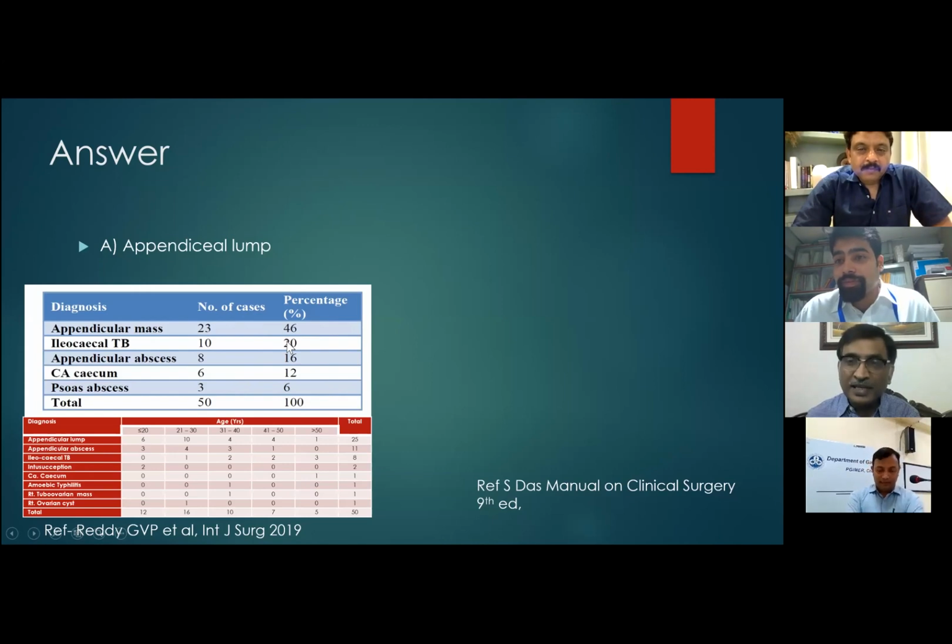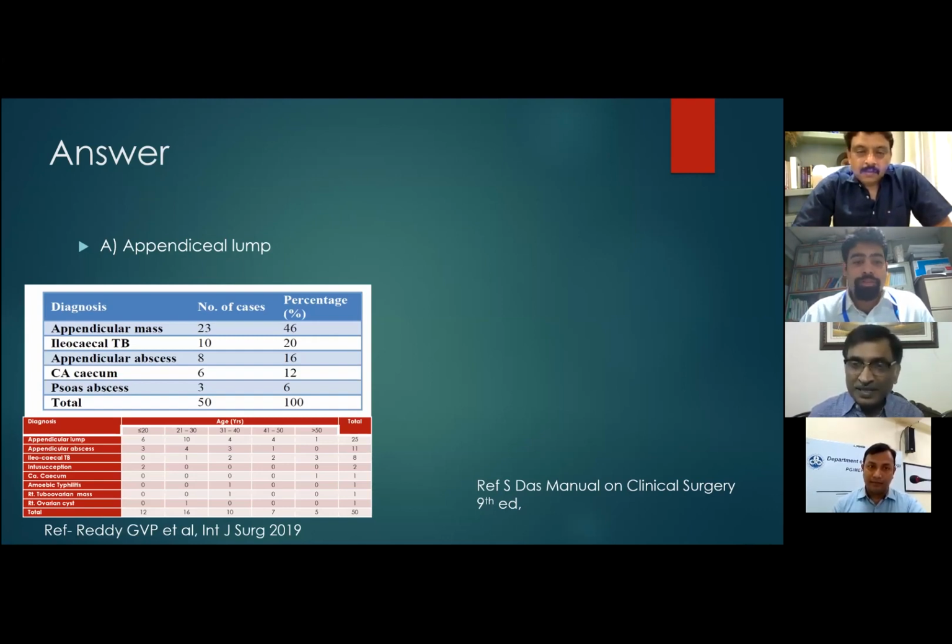I think this is happening because of selection bias in the audience, because this audience is dominantly medical gastroenterologists. They tend to see fewer appendicular conditions, which are dominantly seen by surgeons. So if there is a combined audience, possibly the results will vary.